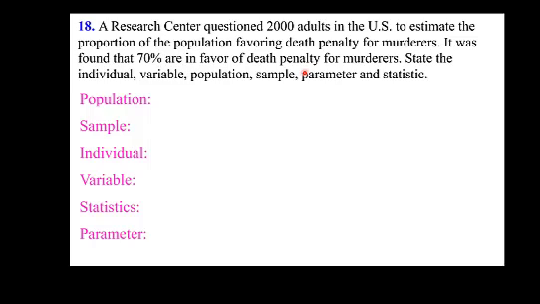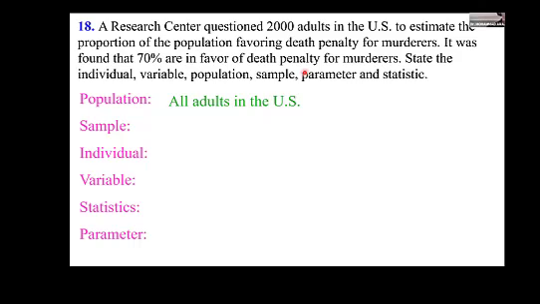A research center questioned 2,000 adults in the US to estimate the proportion of the population favoring the death penalty for murderers. It was found that 70% are in favor of the death penalty for murderers. State the individual, variable, population, sample, parameter, and statistic. So for a question like this, what is the population?